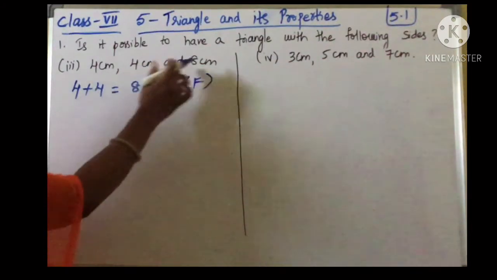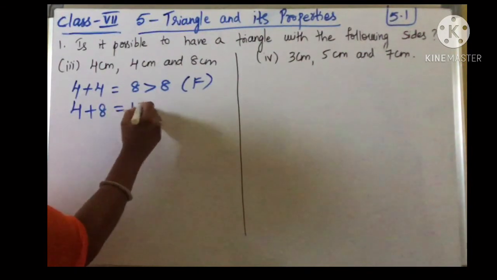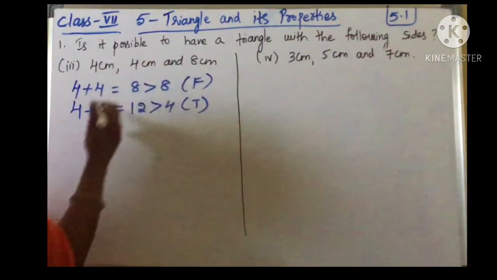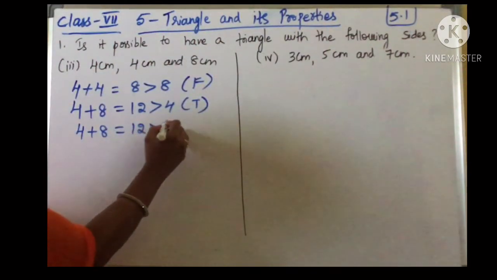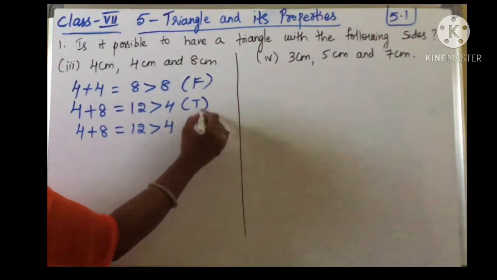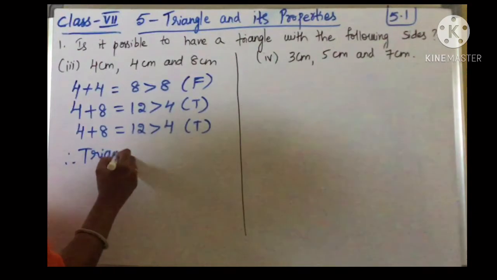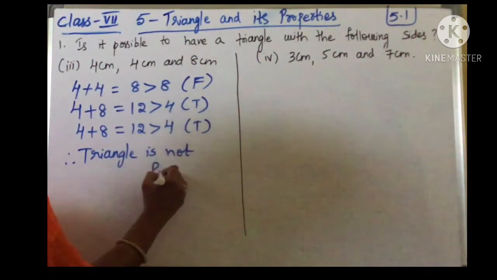Next, another two, 4 plus 8 is 12. Is 12 greater than 4? Yes, true. Now next, 4 plus 8, 12. Is 12 greater than 4? Yes, true. But here one condition is false. Therefore, we can write that the triangle is not possible.